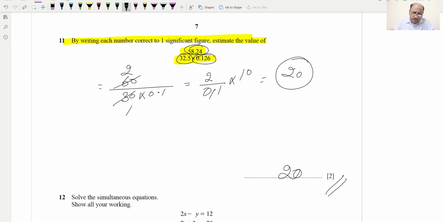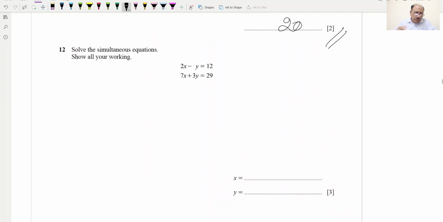Hopefully you understood this. Now question number 12 is simultaneous equations, and we have to show complete working. There are two equations given. To equalize the coefficient, we will multiply the first equation by 3 and we will get the second equation will be 2 threes are 6.